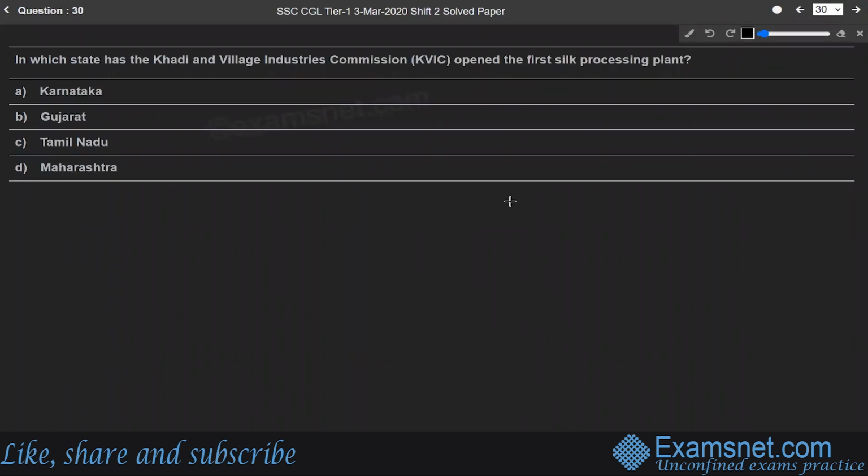Next question is, in which state has the Khadi and Village Industries Commission KVIC opened the first silk processing plant? Before getting the answer for this question, first let us understand what is KVIC. Do you know anything about KVIC? It is Khadi and Village Industries Commission, as mentioned in the question.